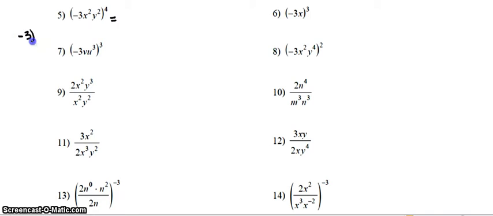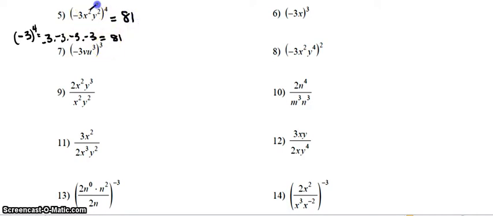Negative 3 to the fourth power is negative 3 times itself 4 times: negative 3 times negative 3 times negative 3 times negative 3. Negative 3 times negative 3 is positive 9, times negative 3 is negative 27, times negative 3 is positive 81. So this is 81.